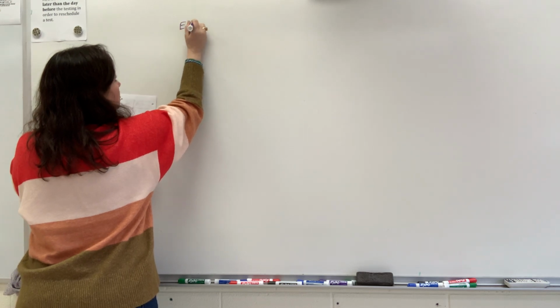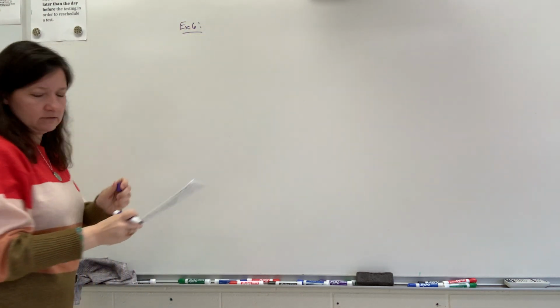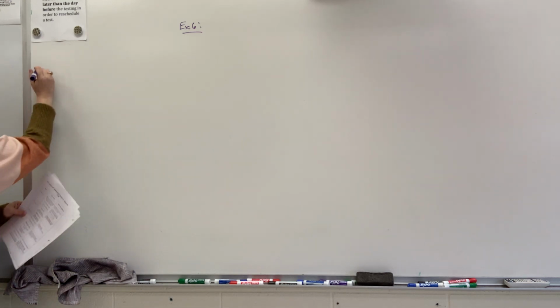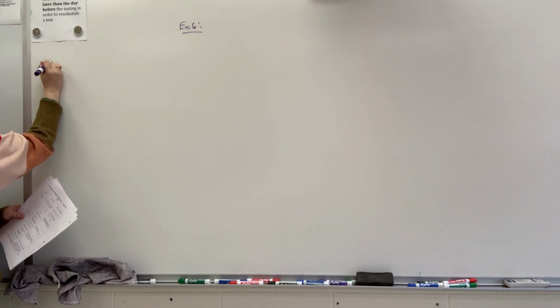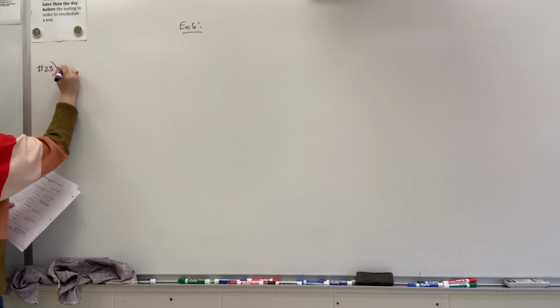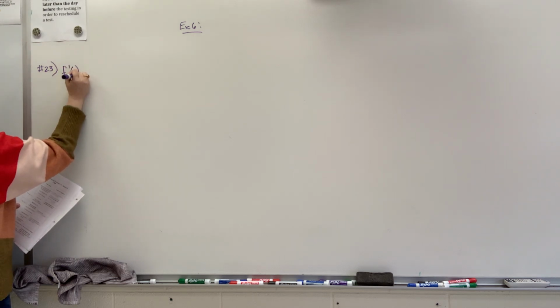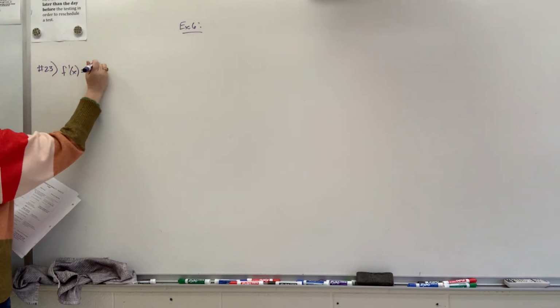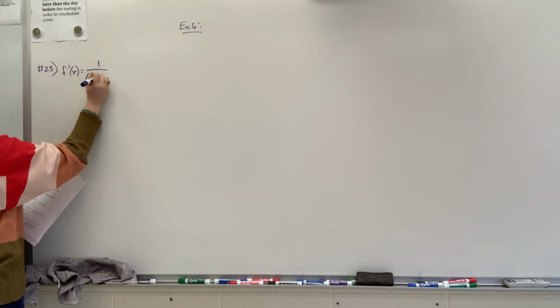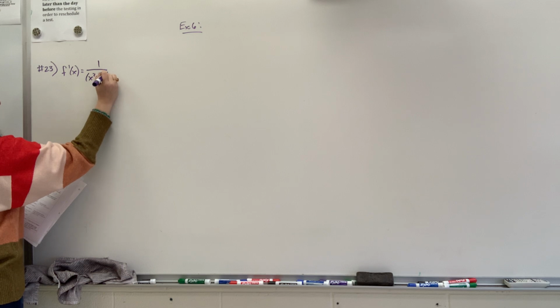Oh, and I do need to tell you something about the homework. I'll tell you right now, because I might forget it then. On number 23 on your homework assignment, when I carried over my Word document to my Google document, for some reason it didn't carry over the equation. I went ahead and made the first derivative for you because it's a very long quotient rule. So I did it for you to save you some work and some time on your homework tonight.